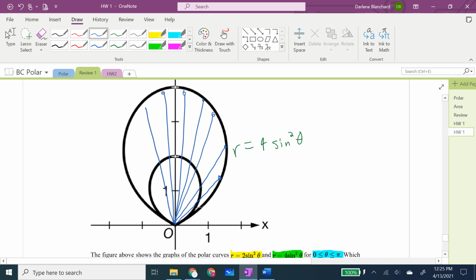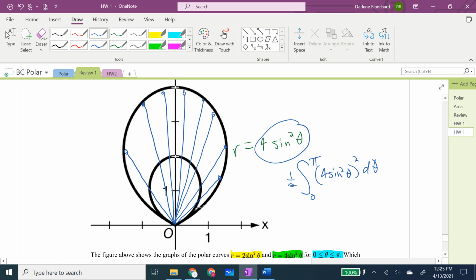But draw the spokes coming out of the pole, and you'll have a better feel for what the integral of 1/2 r squared d theta is giving you. It's giving you all of that.